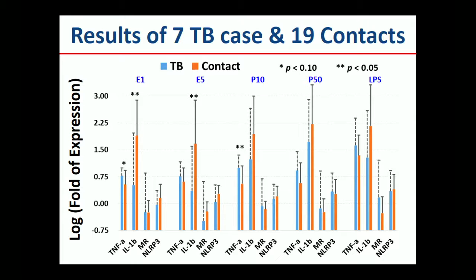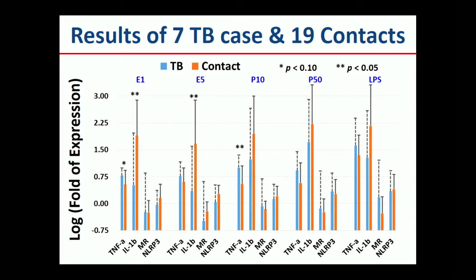This is stimulated by low-level and high-level ESAT6 and low-level and high-level PPD, and this is the positive control. And the y-axis is the log transformation of fold of expression.